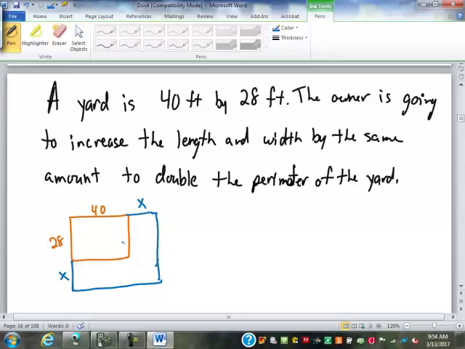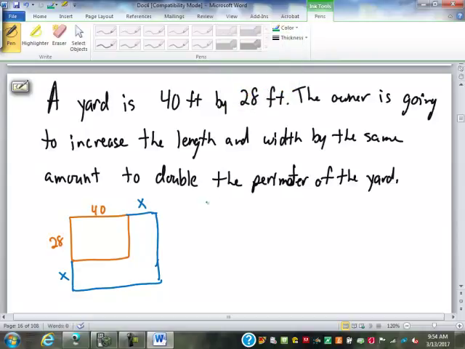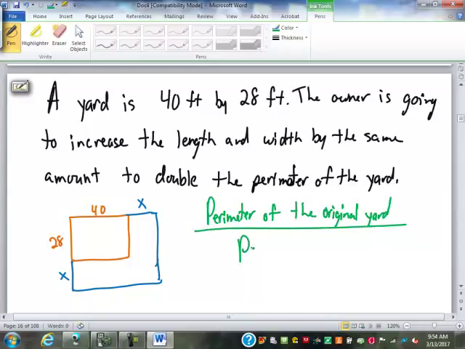To double the perimeter of the yard, well, to start out with, we need to find the perimeter of the original yard, the small yard. Well, that's going to be 2 times 40 plus 2 times 28. So 2 times 40 is 80. 2 times 28 is 56. That's 136 feet. Is the perimeter of the original yard.